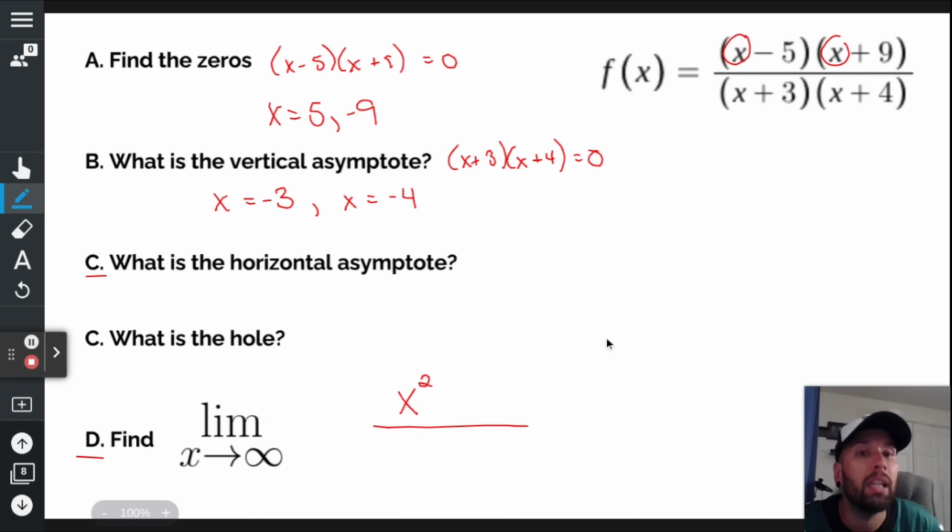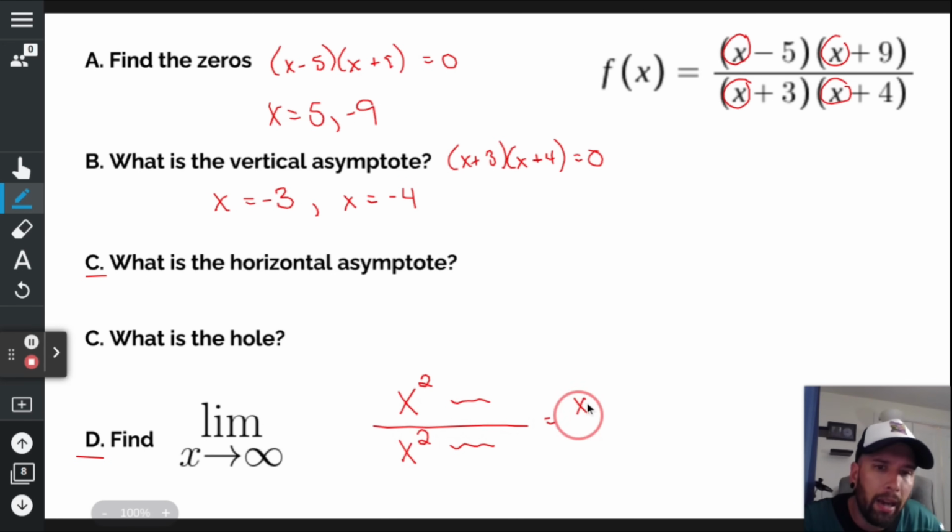That will give you the leading term for the numerator. Do the same thing for the denominator. Multiply the leading term of each factor. That will get you the leading term here. I don't care about anything else. So my concern is x squared over x squared, which becomes 1. So what happens when we plug infinity into x?